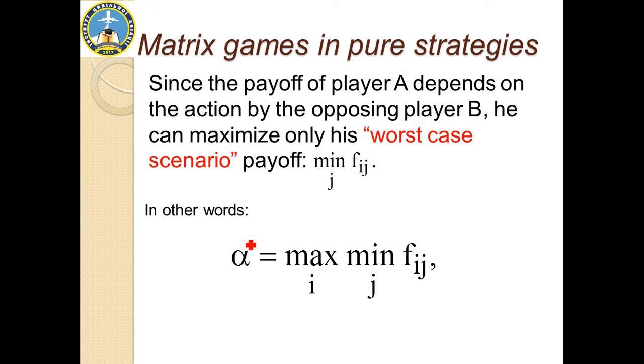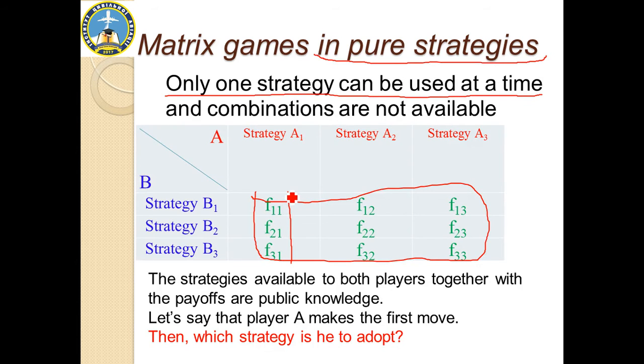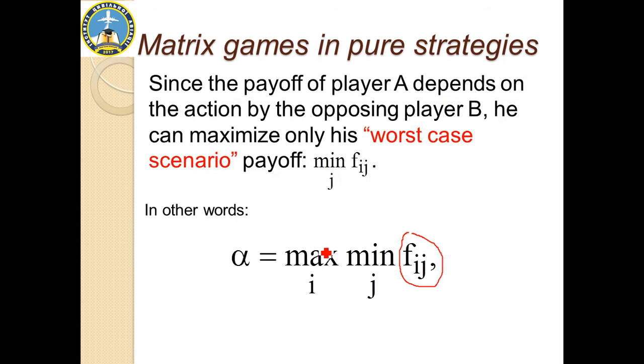So formally, player A should minimize payoffs across every column, find the minimum here, then find the minimum payoff across this column, and this column, and pick the maximum.